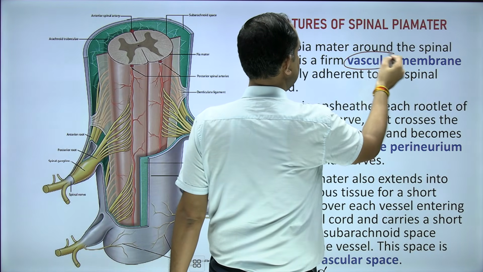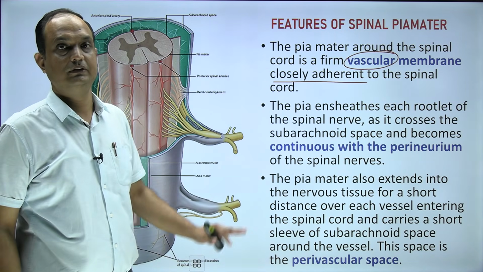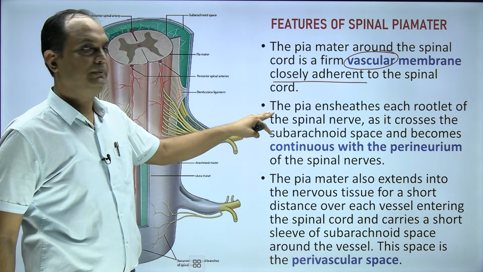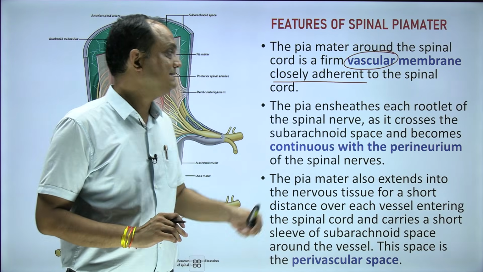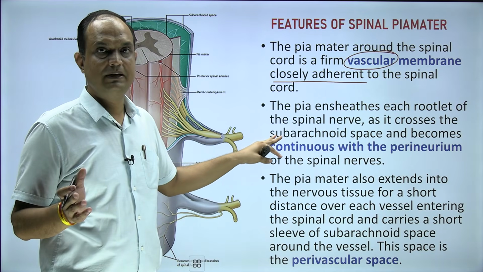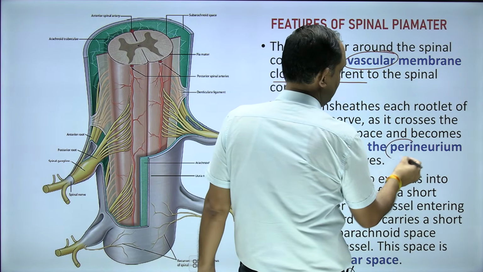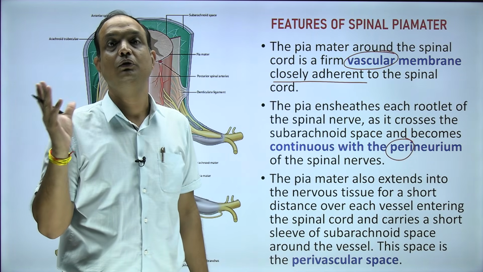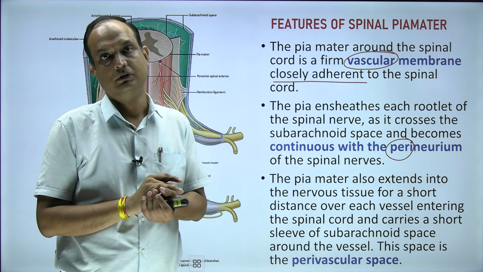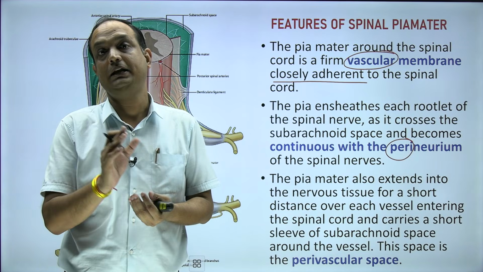Another thing is it is closely adherent, or intimately related, to the outer surface of the spinal cord, and this pia mater ensheathes each rootlet of the spinal nerve as it crosses the subarachnoid space and becomes continuous with the perineurium. Now keep in mind that dura mater continues with the outer layer of the nerve, that is the epineurium, while the pia mater continues with the perineurium.